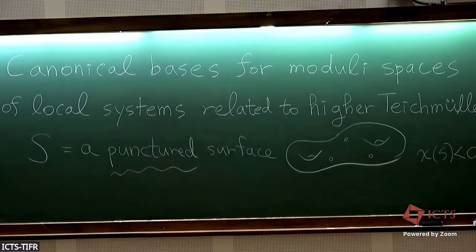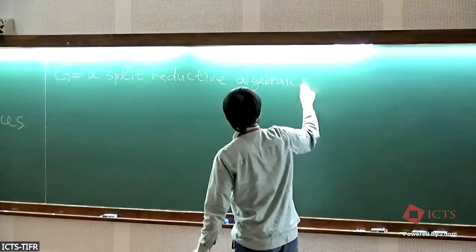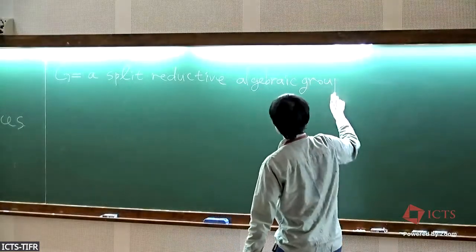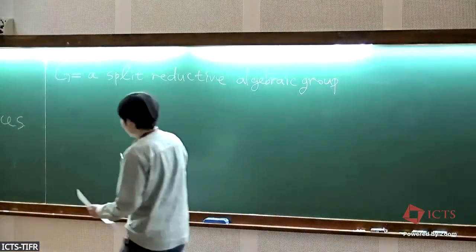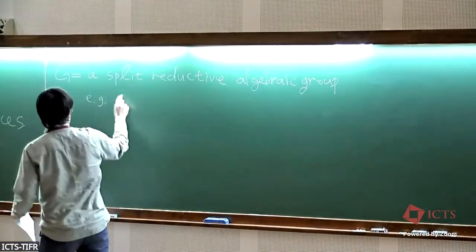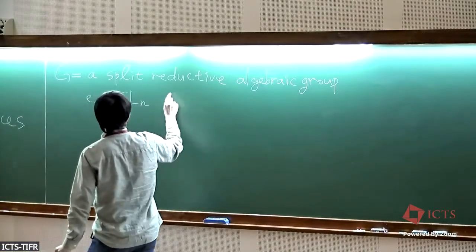The other input that I need to start the story is G, a Lie group, or a split reductive algebraic group. You don't have to know all these words because I'm just going to be working on examples, which are just SL_N or PGL_N.